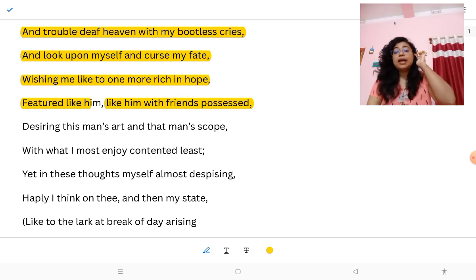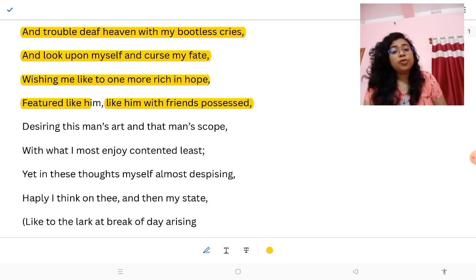What he said is that I have become jealous of others, that why I don't have the features like him, why I am not beautiful like him, why I don't have the physical beauty like him, and why I don't have the friend groups like him.